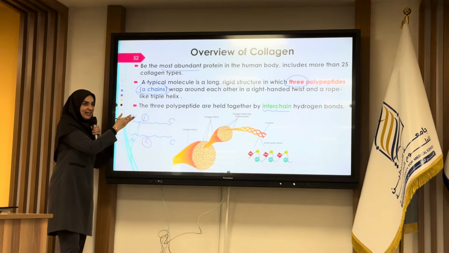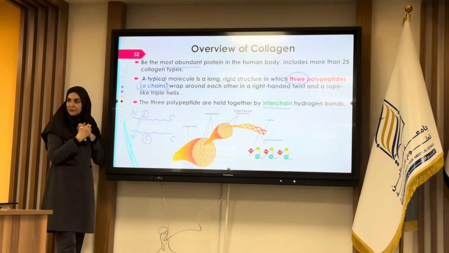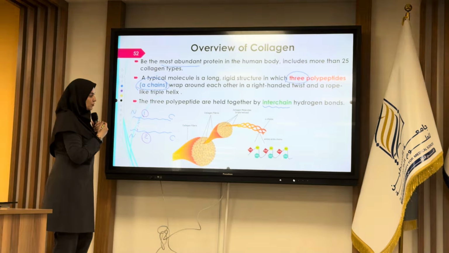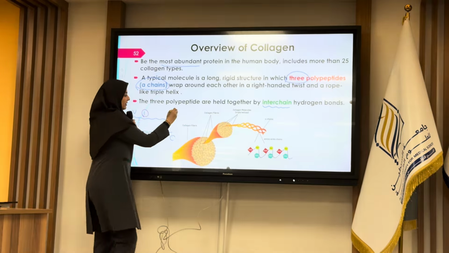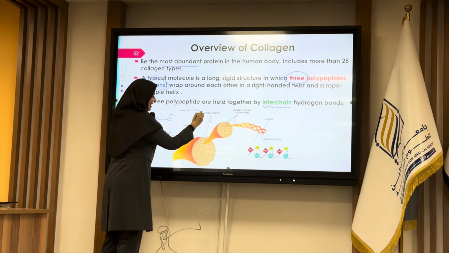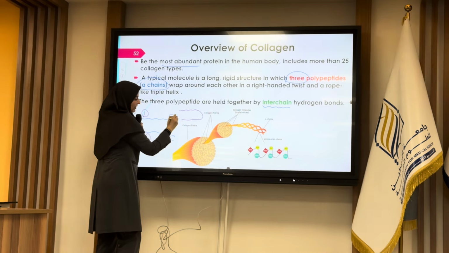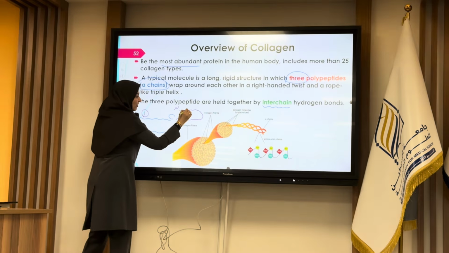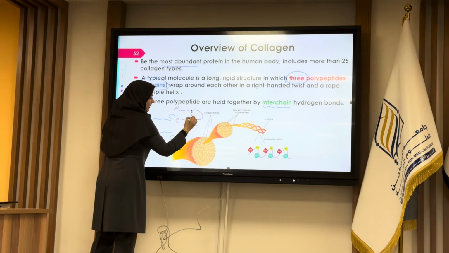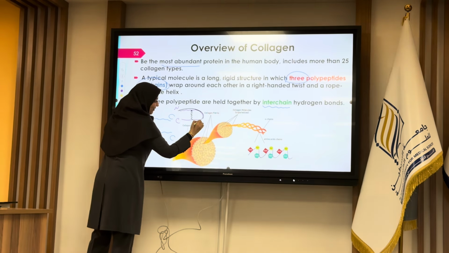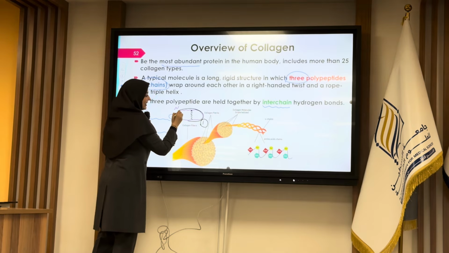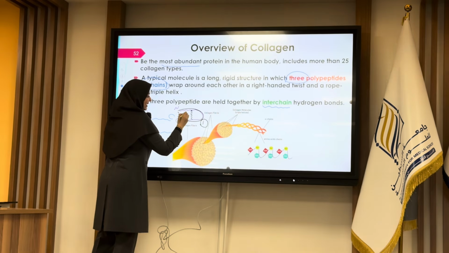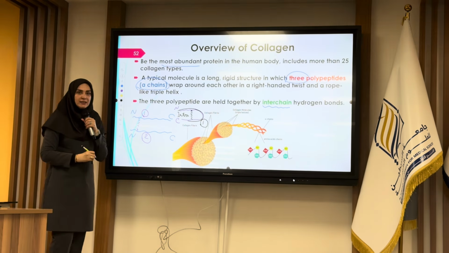This is the inter-chain. But sometimes, for example, you have the N to C, it folds on itself, and you have a hydrogen bond here. Because you have only one polypeptide, this is known as an intra-chain.